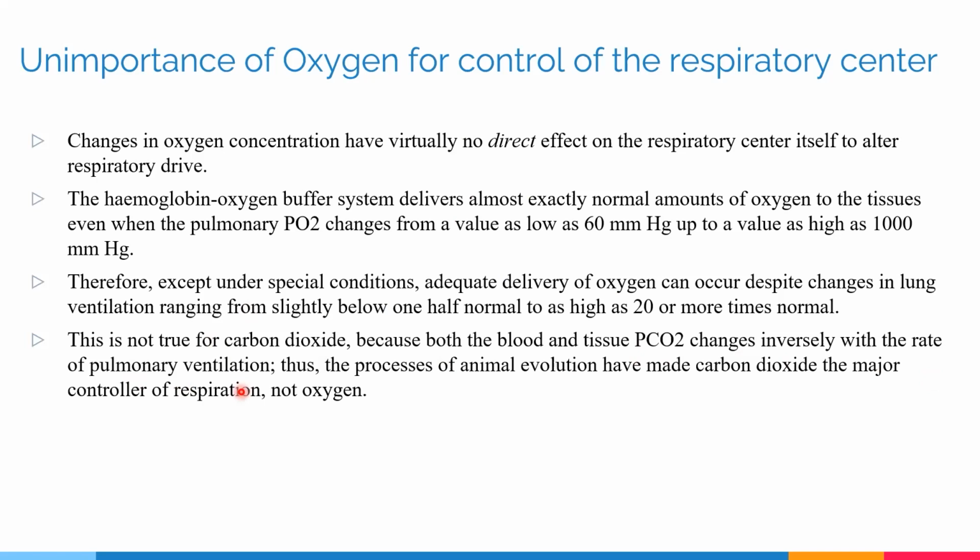And thus it gives us an almost linear relationship, that is, the partial pressure of carbon dioxide present in the blood gives us an almost linear relationship with the rate of respiration that is occurring. And thus the processes of animal evolution have made carbon dioxide the major controller of respiration and not oxygen.